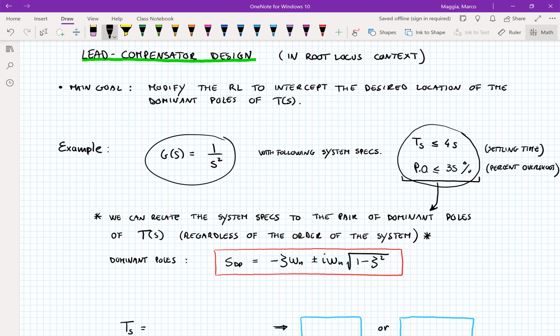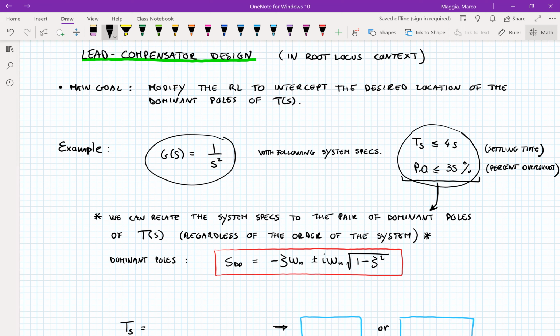So why did I choose a complex conjugate pair of dominant poles? Well, because that's the most common and sought after choice. Here we want a percent overshoot that is less or equal to 35%.